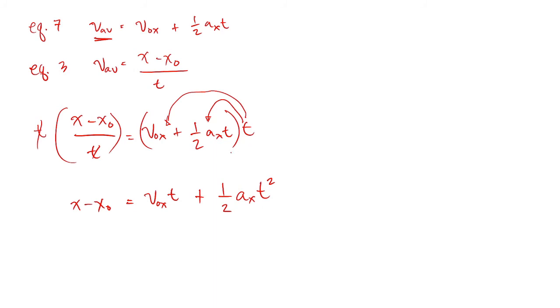Okay? So, and as you can see here, class, ano ba tong quantity na yan? Yan actually ay yung ating displacement, kung maalala nyo, from our equation 1. So, in our symbols, it is our delta x.